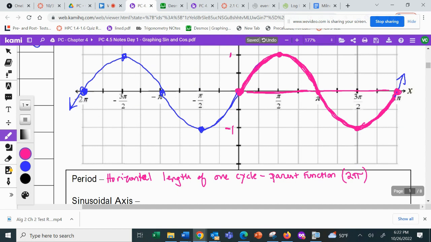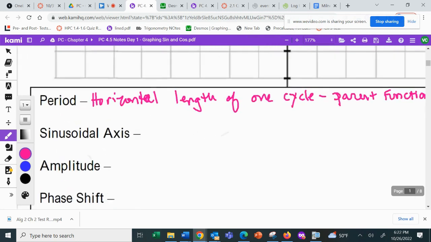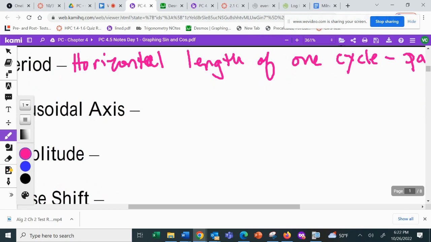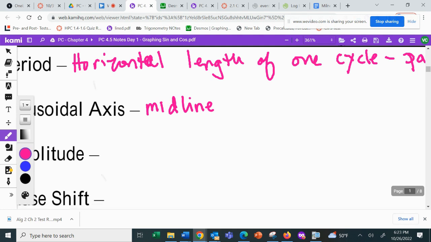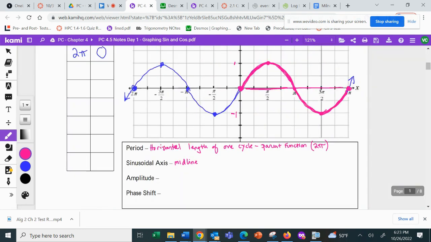The next word is the sinusoidal axis. The sinusoidal axis is a crazy long word just describing the midline. So this graph goes up, it goes down, but it always keeps hitting the center at the same y value, and that y value is 0.